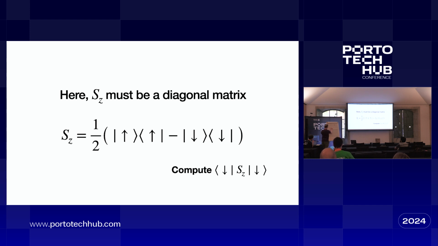It's 0, 1 times the matrix 1, 0, 0, negative 1, times 0, 1.